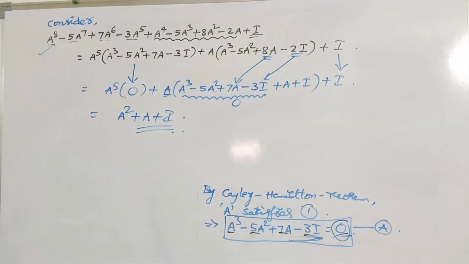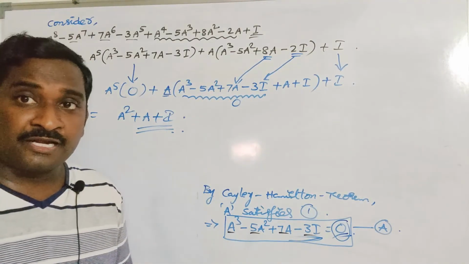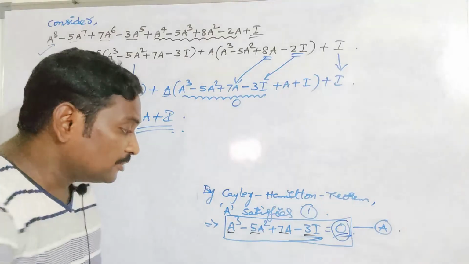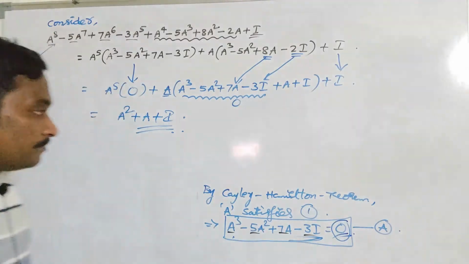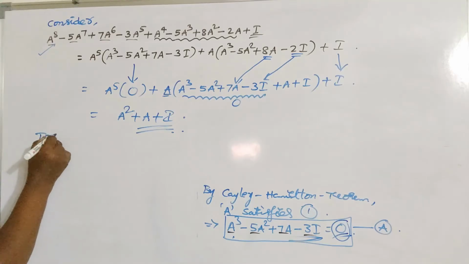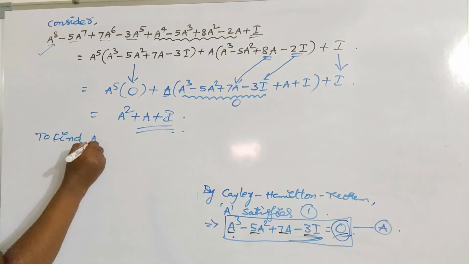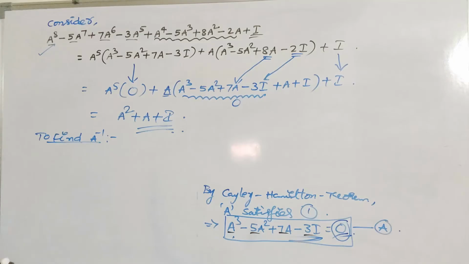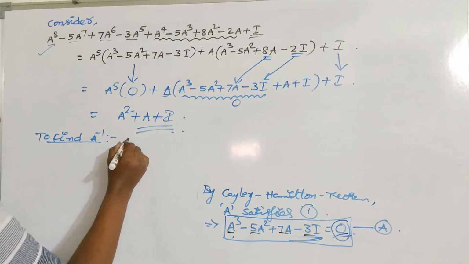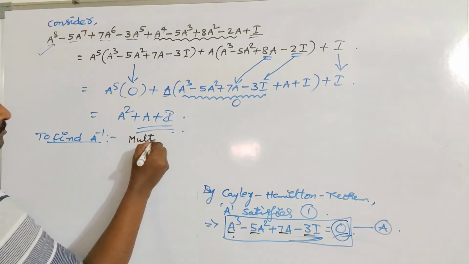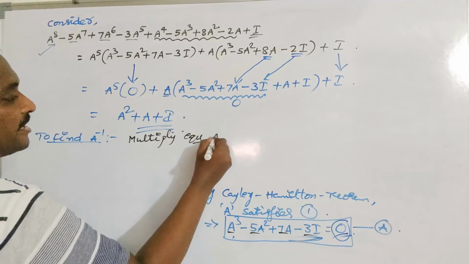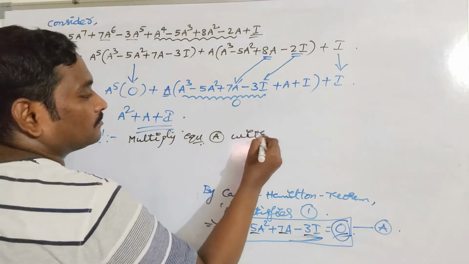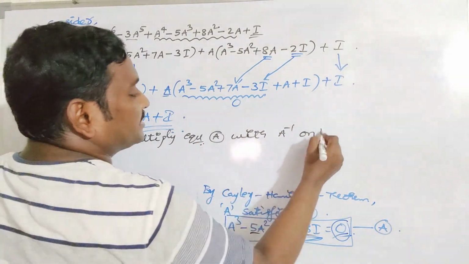Now it is enough to find the A inverse. Already you know that to get the A inverse, you should multiply this equation with A inverse on both sides. To get A inverse, we should multiply equation A with A inverse on both sides.